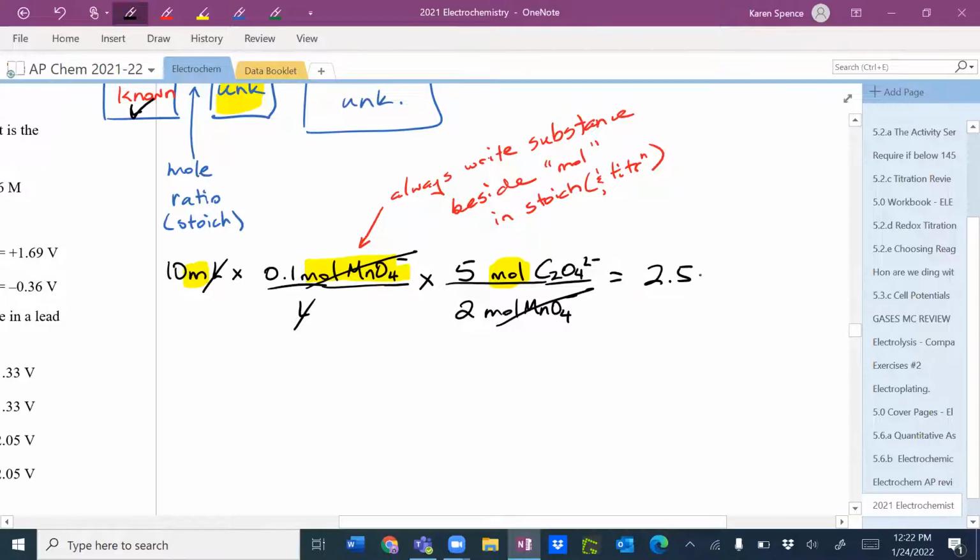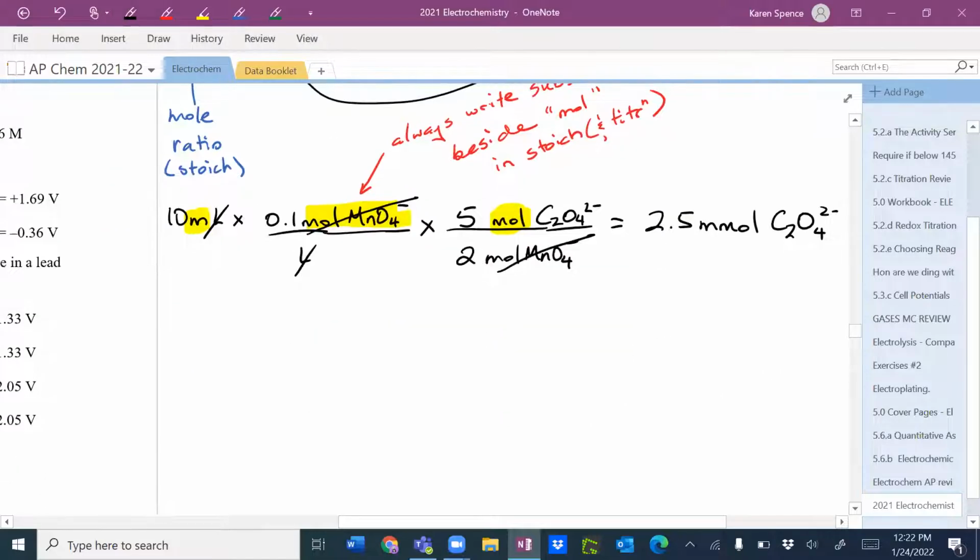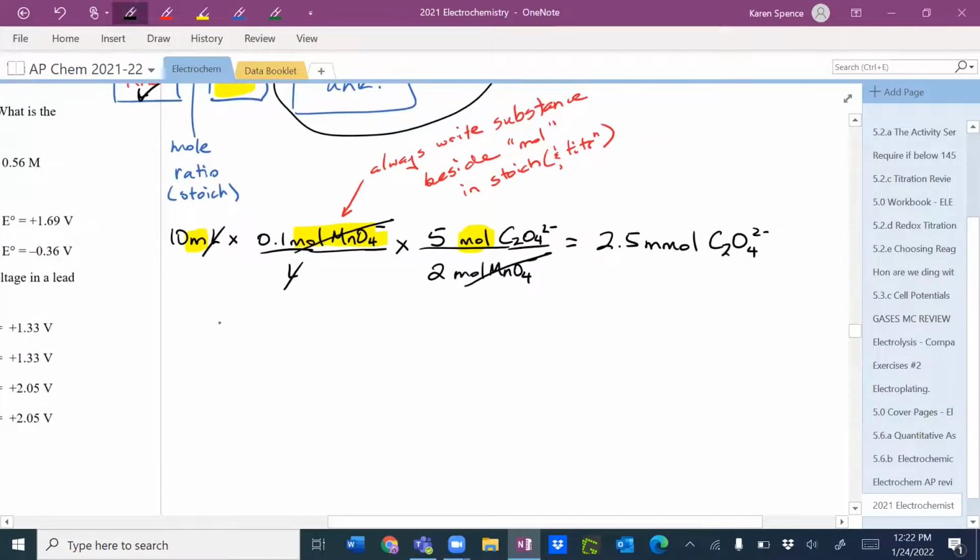And remember, my unit right now is millimoles of C2O4 2 minus. What did I want to know about the C2O4? I wanted to know the molarity. So the concentration of C2O4 2 minus is equal to moles of C2O4 2 minus over the liters of C2O4 2 minus.